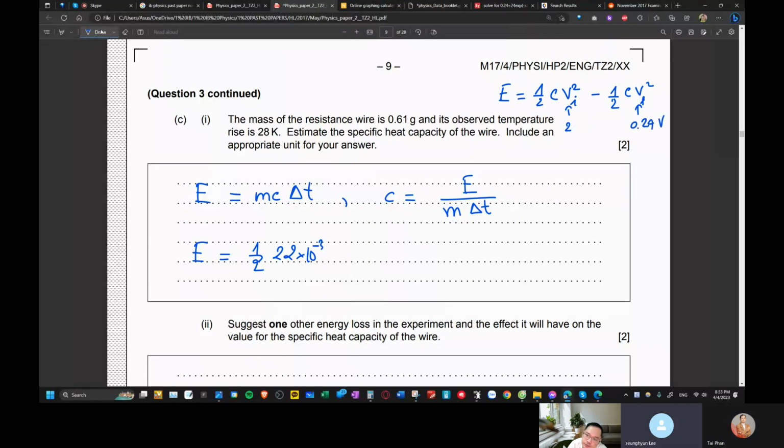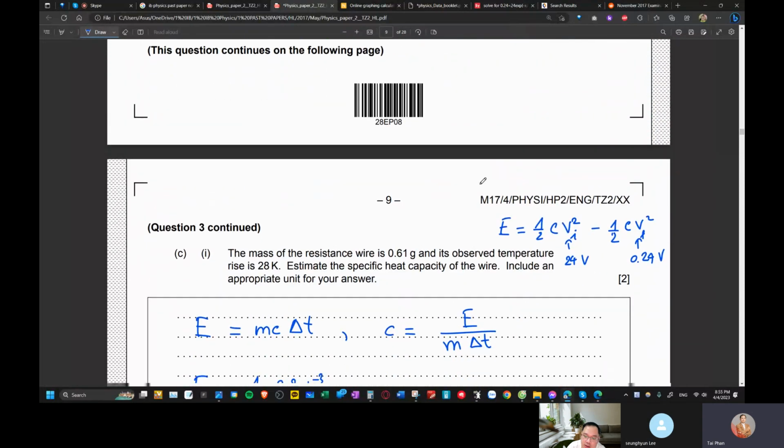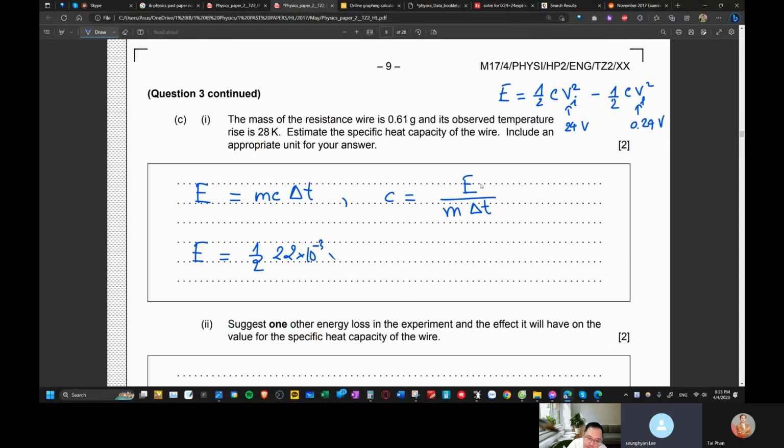Okay. To get the energy that the capacitor releases in that time, 0.81 second. I can make 1/2 C the common factor. 24 squared subtract 0.24 squared. Okay, you got it right. Basic algebra.